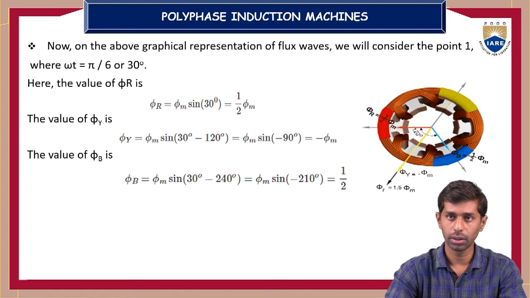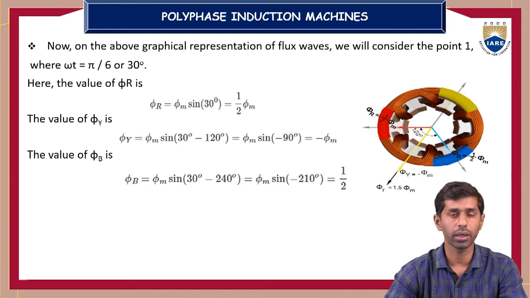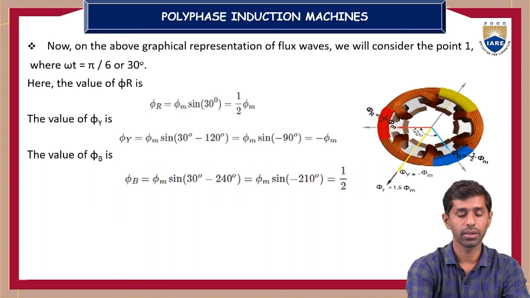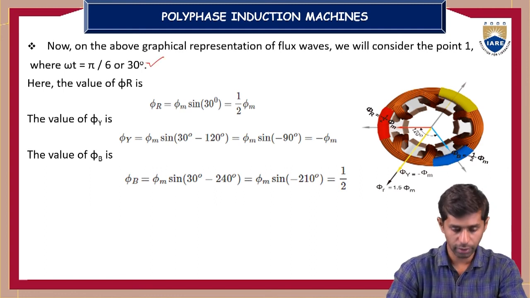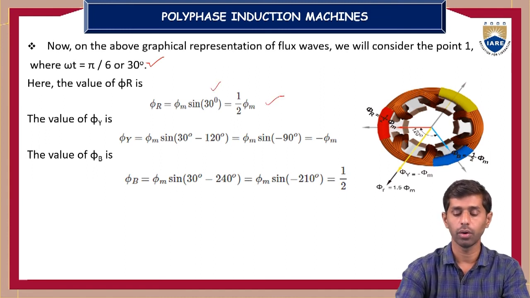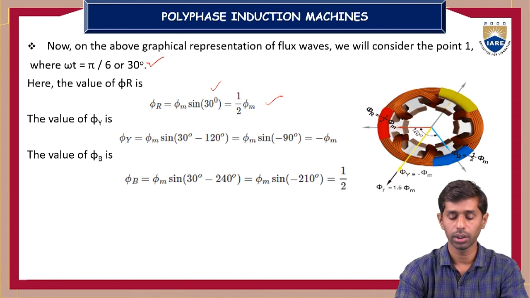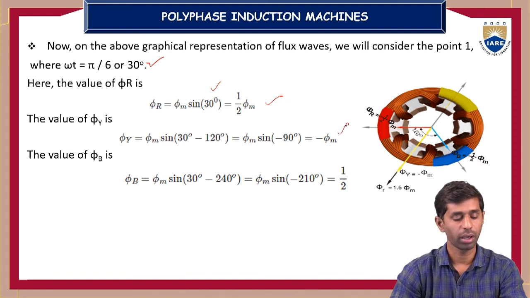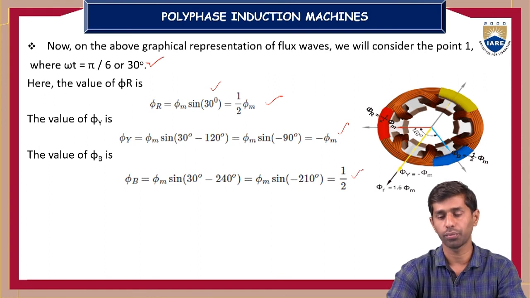Now in a similar way, we'll consider the second point, that is instant 1, where omega t equals pi by 6, that is 30 degrees. At the 30 degree instant, the value of phi r is equal to phi m sine omega t, so it will be 1 by 2 phi m, 0.5 phi m. Similarly, substituting omega t equal to 30 degrees, the value of phi y is minus phi m, and the value of phi b is similarly half, 1 by 2 phi m.